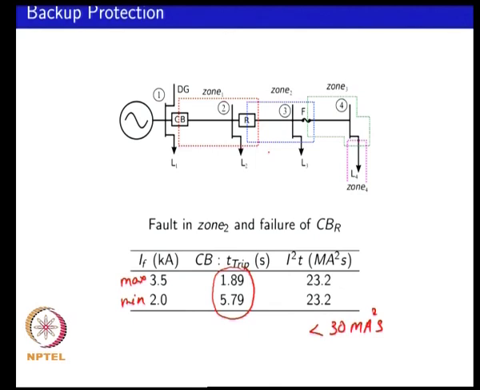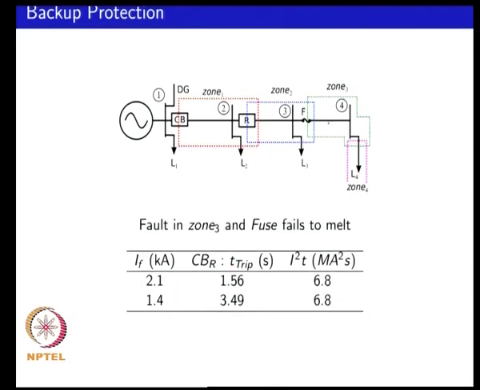So, similarly, if you look at the situation where you have a fault in this particular region and say the fuse F fails to melt, then you can see that the device that would now give you the backup protection is R. So, you could look at the maximum and the minimum fault current for a fault in this particular zone, look at the trip times of this particular protective device, and look at the corresponding I squared t level, and this is now less than 7 mega ampere square second.